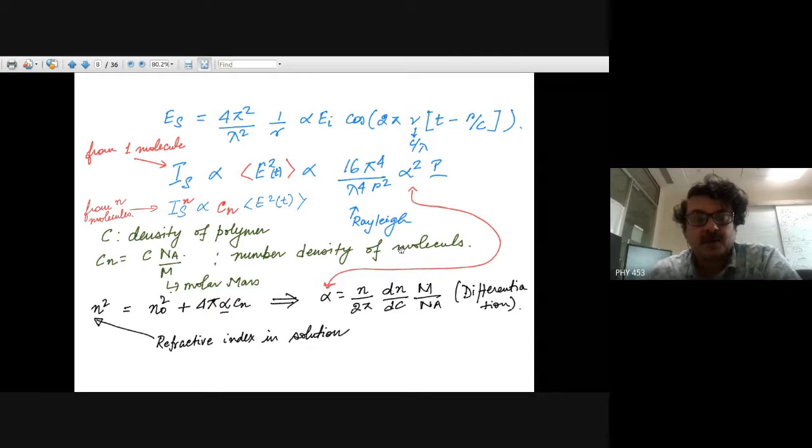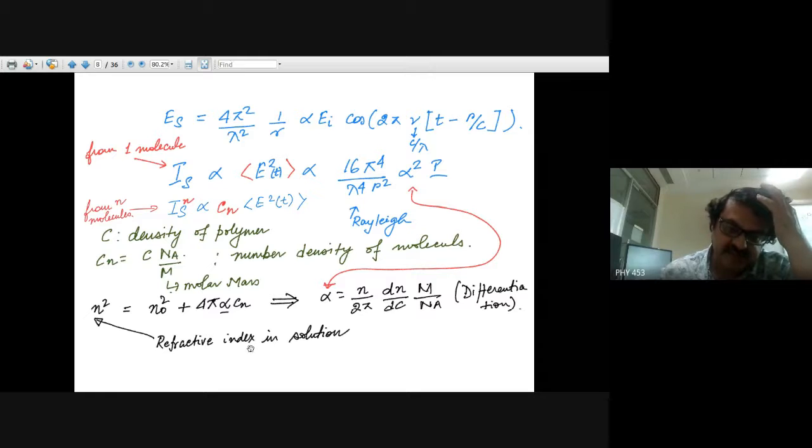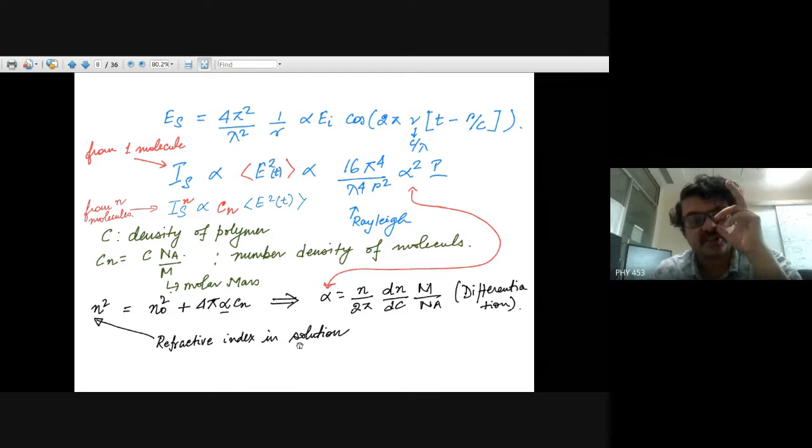Now, as you go from the solvent region to the solute region, the polymer region, the refractive index in the solution would change, and that is what would create the scattering contrast. Now, the square of the refractive index is related to the refractive index of the background medium, in this case the solution, plus 4 pi polarizability times number density of molecules, right?